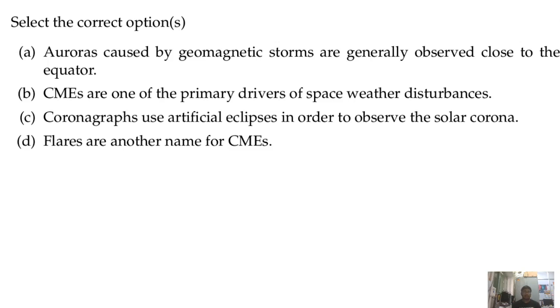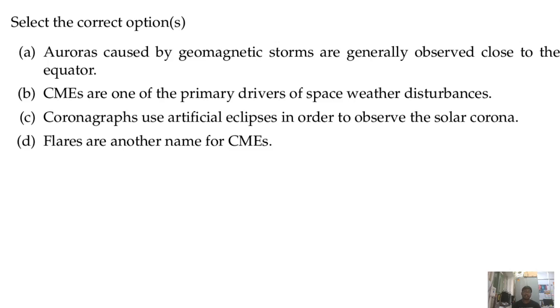To observe the solar corona, you can use artificial eclipses so that the higher brightness coming from the disk gets eclipsed, right? Then you can observe it, and coronagraphs do exactly that.